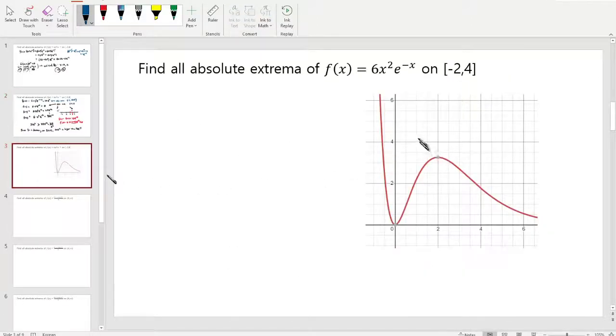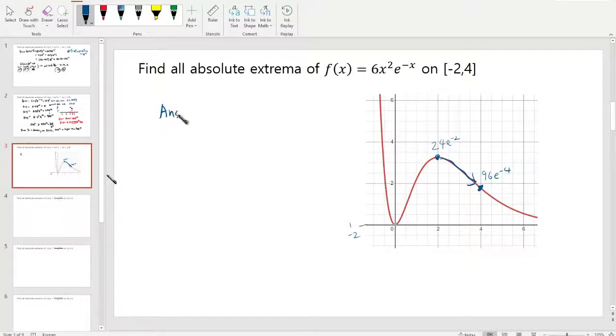Here's the graph that's actually drawn. You see that at 2, this is 24e negative 2, and at 4, this is 96e to the negative 4, and definitely this decreases, so this is smaller. And at negative 2, this is so large it's not shown in the graph, but that's very, very big.